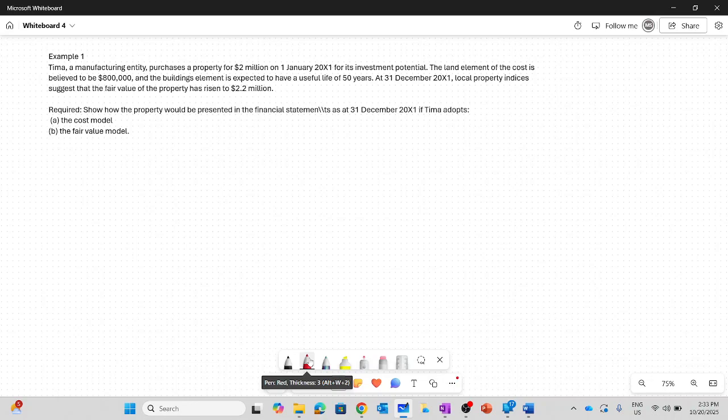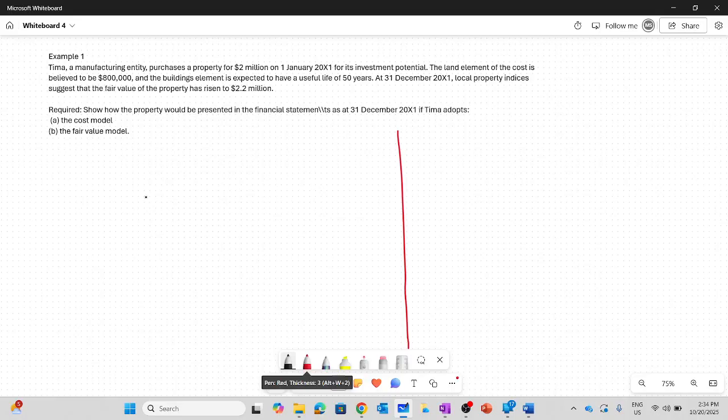Tima, a manufacturing entity, purchases a property for $2 million on 1st January 20X1 for its investment potential for capital appreciation. The land element of the cost is believed to be $800,000, and the building element is expected to have a useful life of 50 years. At 31st December 20X1, the end of the year, local property indices suggest that the fair value of the property has risen to $2.2 million.